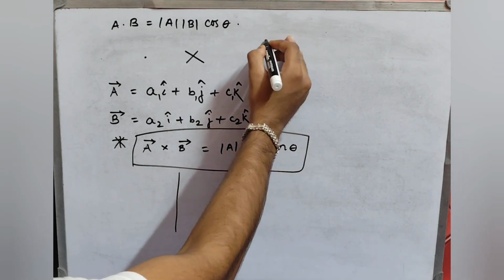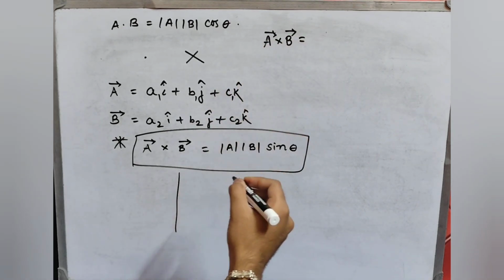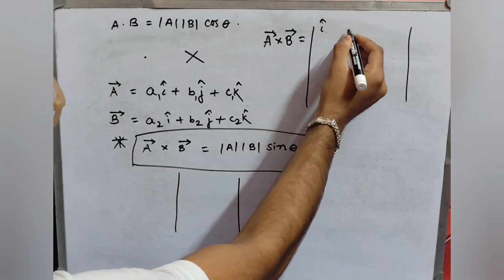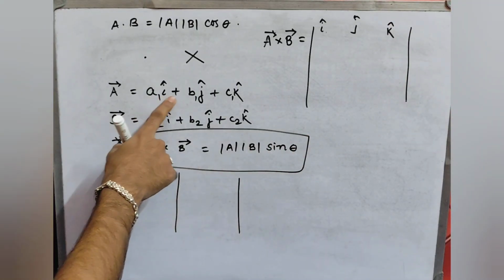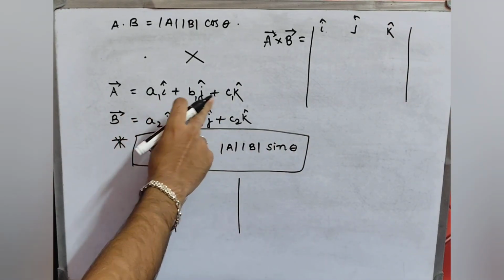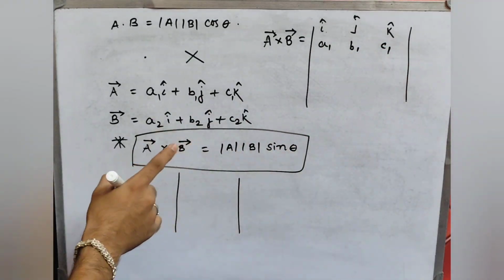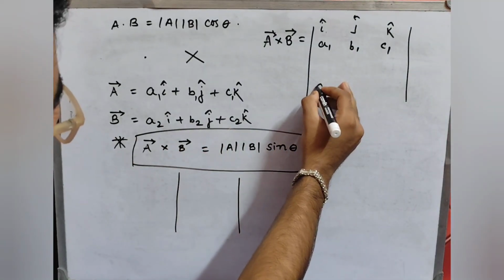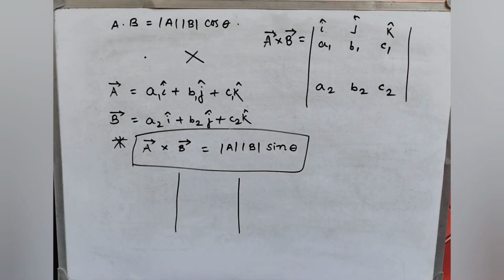So we can also write it as A vector cross B vector equal to i cap, j cap, k cap, then A1 B1 C1, and A2 B2 C2. Now the question is how to solve this determinant.